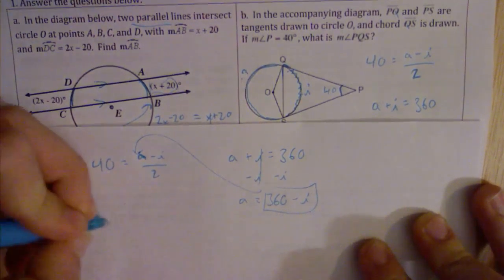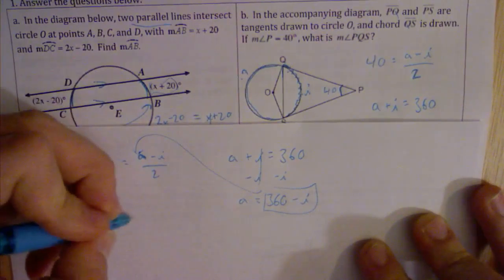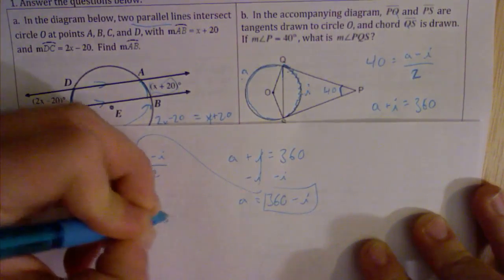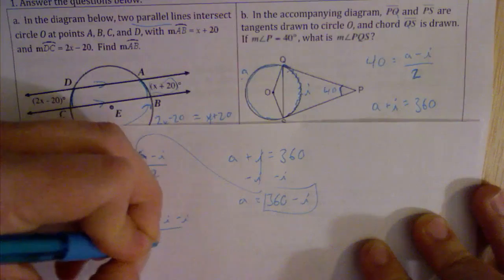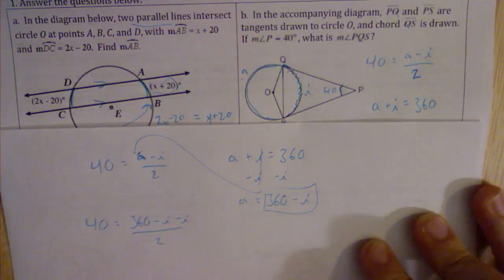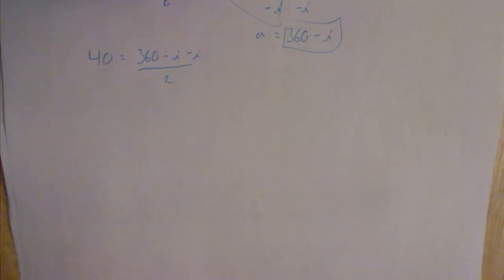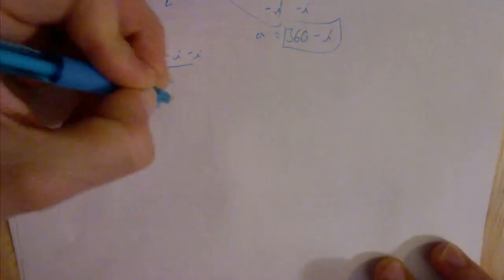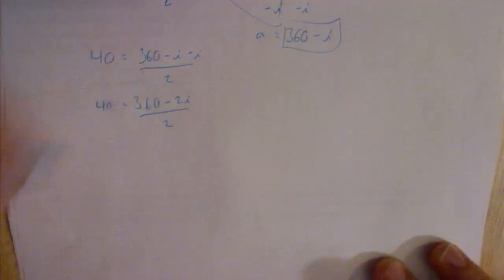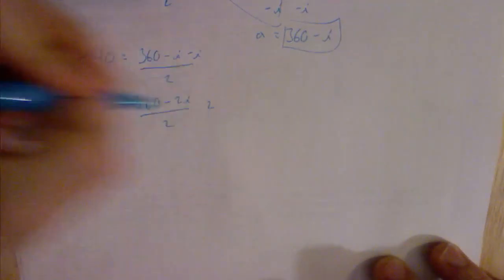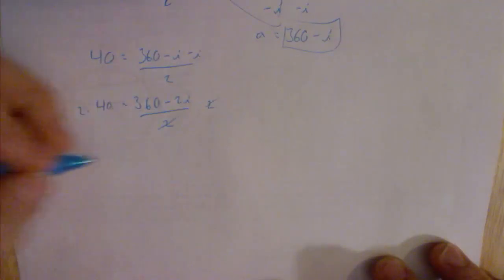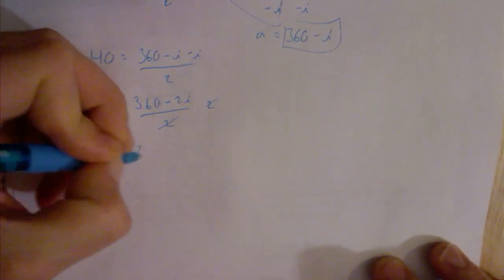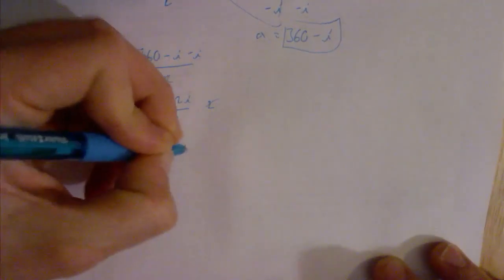I'm left with 40 is equal to, instead of A now, 360 minus I all over 2. If I keep rewriting this, I get that 40 is equal to 360 minus 2I over 2. I can multiply both sides by 2 to get rid of this 2 on the bottom. I've got 80 is equal to 360 minus 2I.